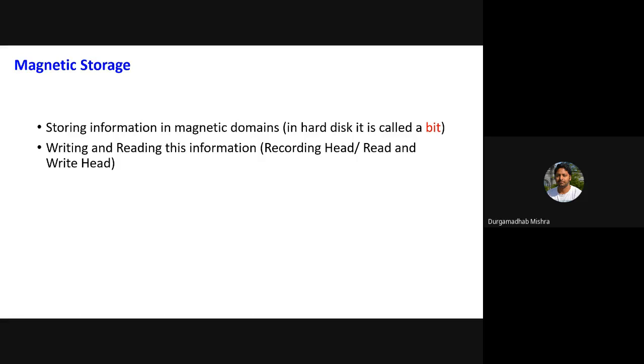This is one thing about storing the information, but it is not only stored, you should be able to read and write this information as well. Otherwise this does not really help. So you also need technology by which you can write information.